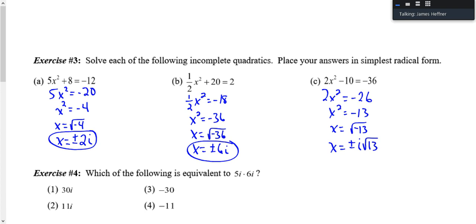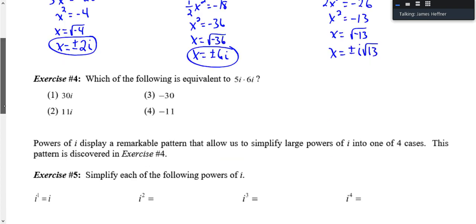Okay. All right, let's take a look then at the next one here. And you'll remember something I said a few minutes ago back on the previous page. So they want us to figure out what is 5i times 6i. Let's see here. What would that be? You don't have to write this down.